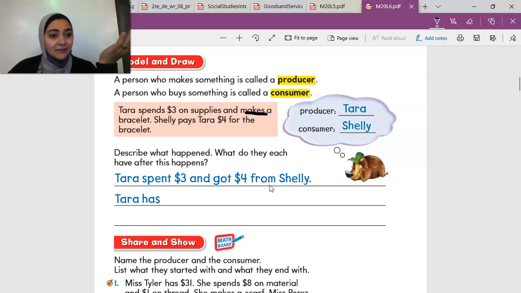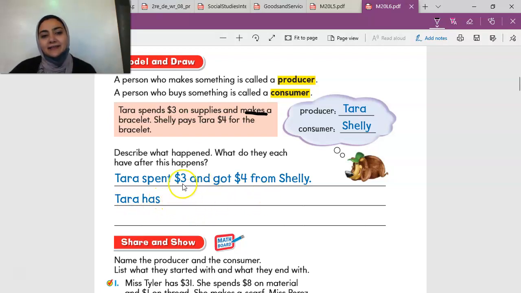She wants to make money. She wants to sell it. So if it costs her $3, it's a fair price to charge $4, so then she gets $1 for making it. That dollar is her profit. So Tara spent $3 and got $4 from Shelly.